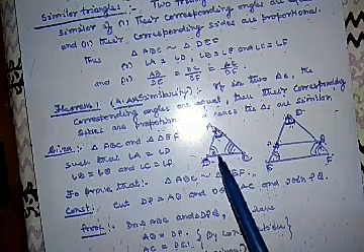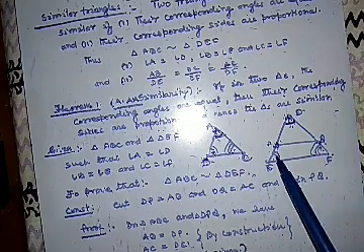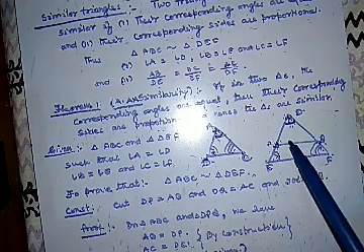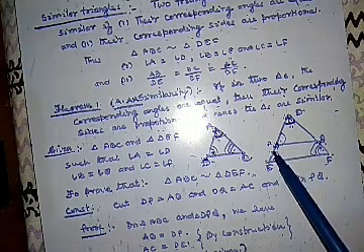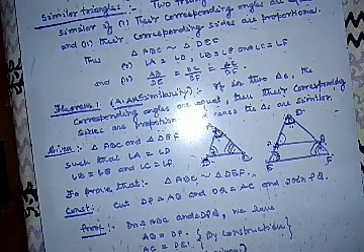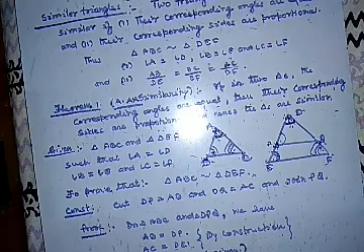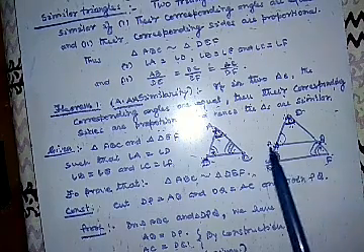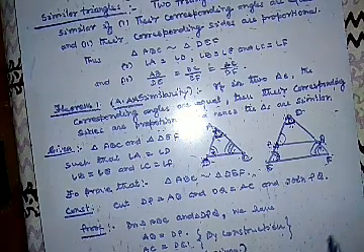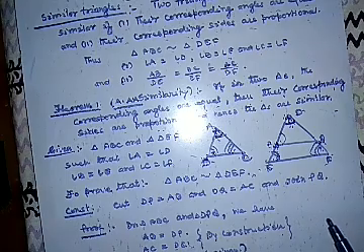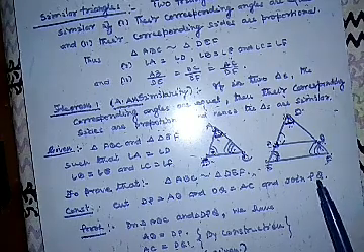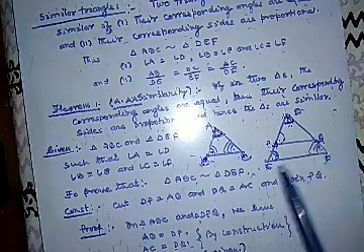And also given that angle B is equal to angle E, therefore angle P is equal to angle E. These are corresponding angles and equal, therefore PQ is parallel to EF by the corresponding angle axiom. If two corresponding angles are equal, then the lines are parallel.